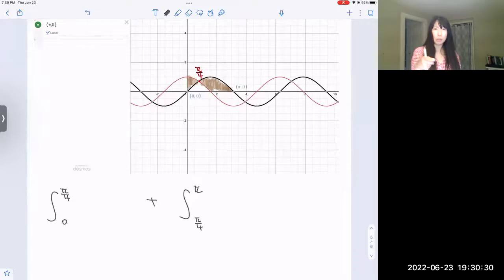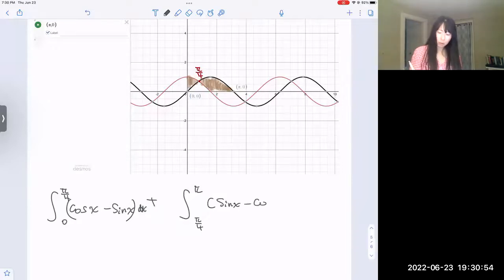What I said earlier, the red was cosine, then black was the sine, and after pi over 4, black is the top, so it will be sine, and bottom is the red, which is the cosine.